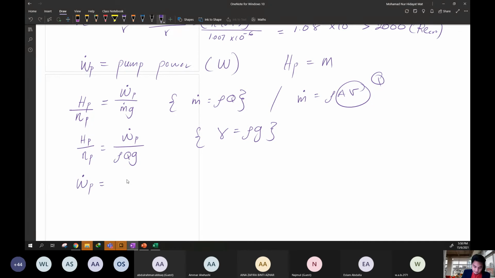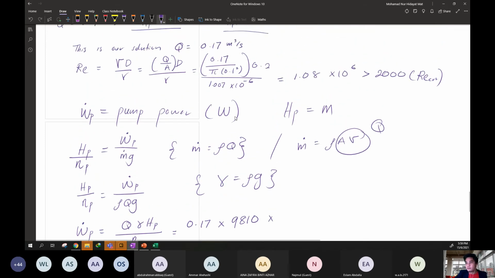So WP will be Q gamma head of the pump over the efficiency of the pump. So Q substitute 0.17, and the gamma of water is standard 9810, multiplied with the head of the pump.